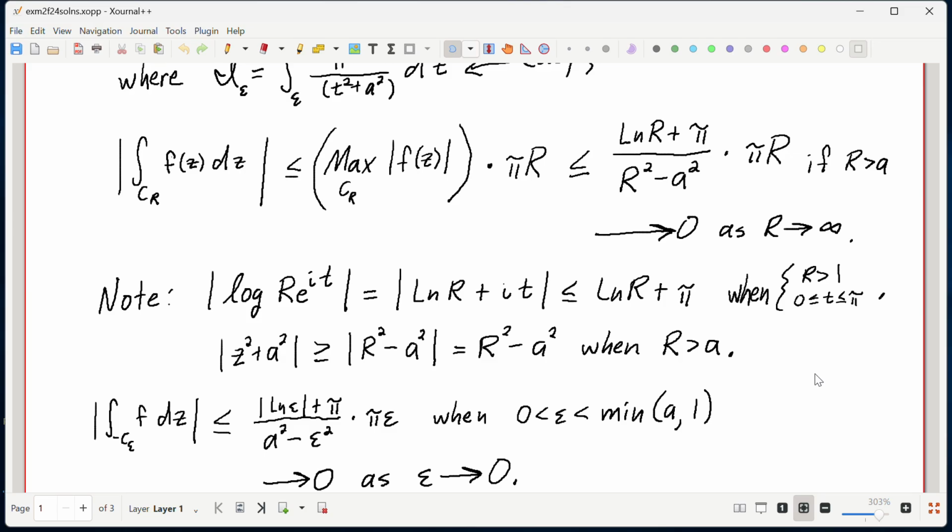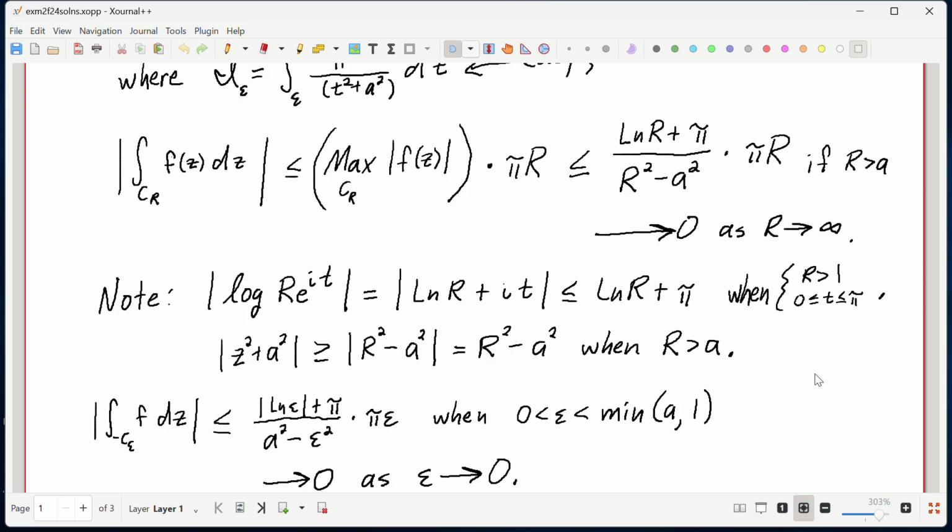The max of f of z on there, and the length of that curve is pi r. And so for the max, you have to be careful. If you write out the log of r e to the it, it's natural log of r plus it, where t is the argument, between 0 and pi.